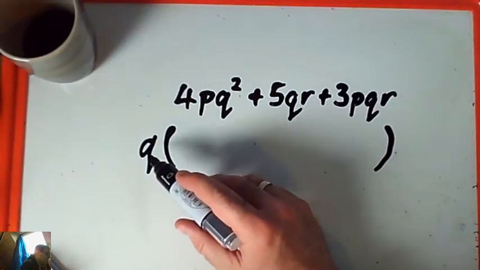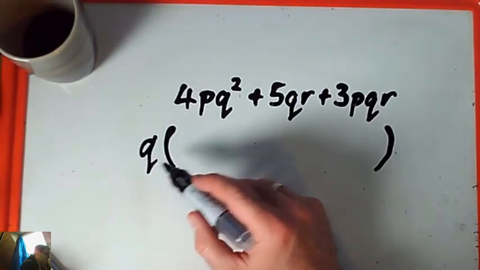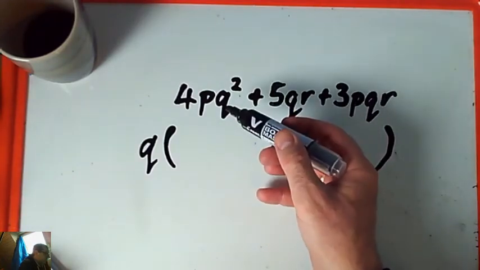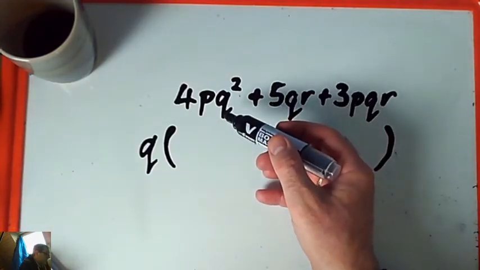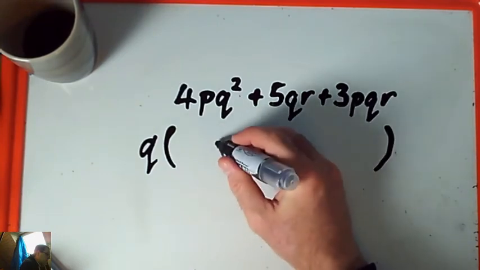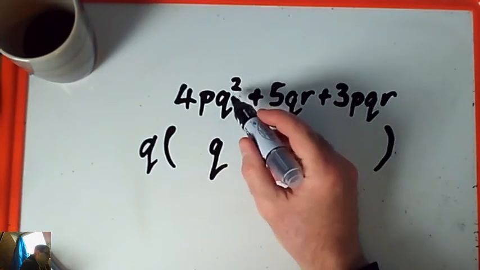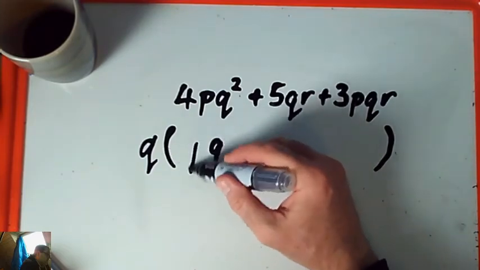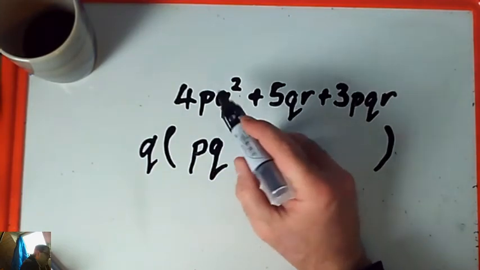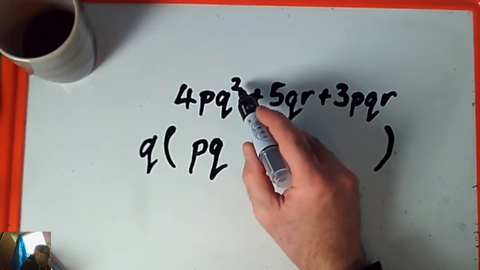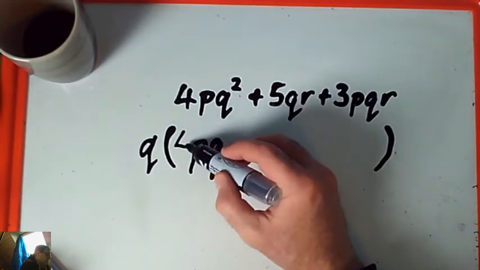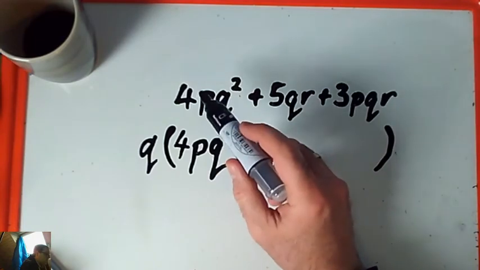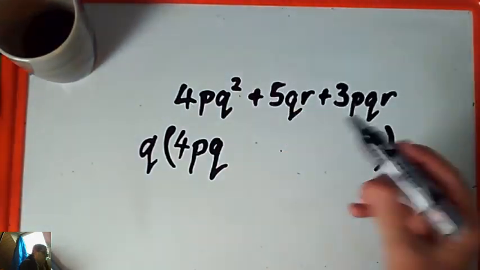So q outside the brackets times what inside the brackets will give me 4pq squared. Well, q times another q will give me the q squared bit. Then q times pq will give me the pq squared, and then q times 4pq will give me 4pq squared.